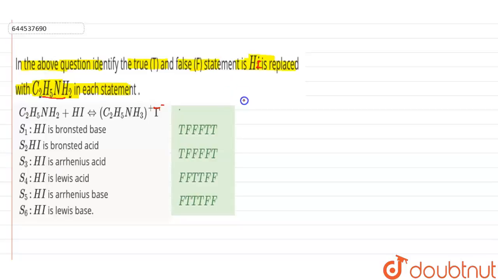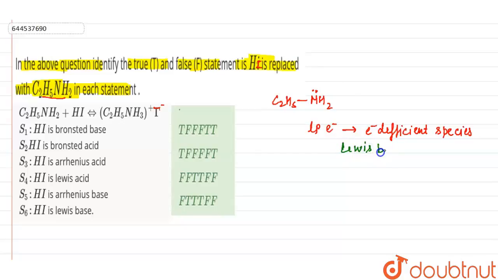So we know that in the compound C2H5NH2, nitrogen has a lone pair of electrons, so it can donate its lone pair of electrons to an electron deficient species and act as a Lewis base.